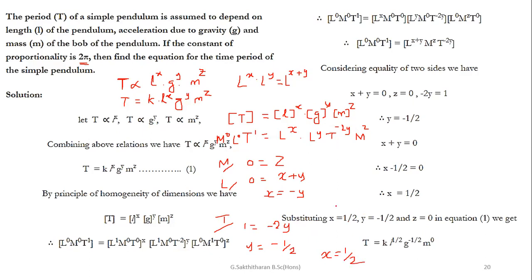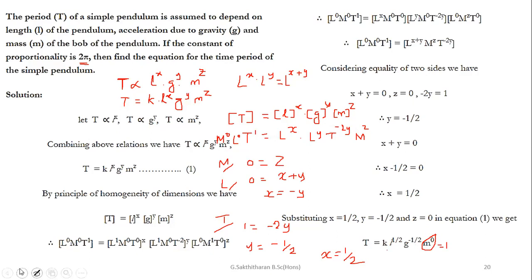Now we can put in the powers. T equal to k into L to the power half, g to the power minus half, m to the power 0. The value of m to the power 0 is 1. So finally T equal to k into L to the power half and g to the power minus half.